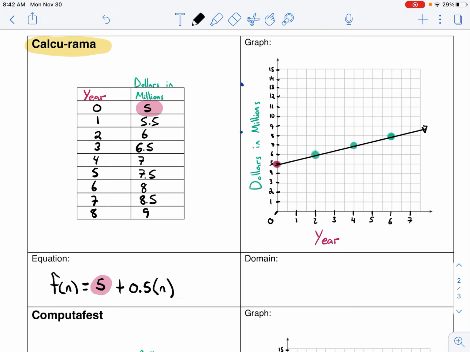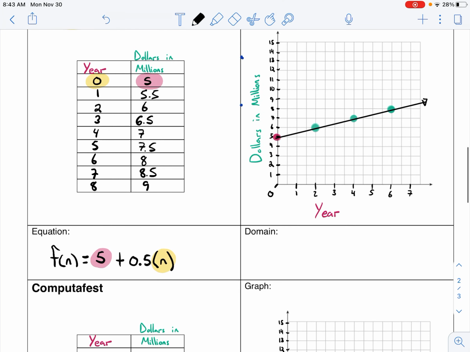In this case it could be t for time or y for year, but we'll just leave it as n for now. Because we started with term 0, we don't have to change our n value.